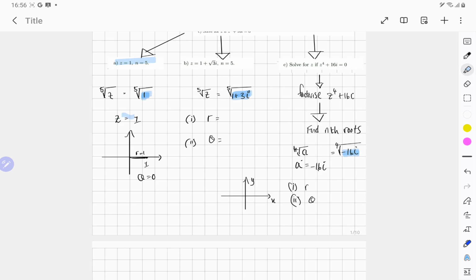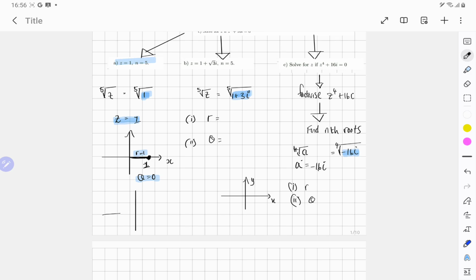So here we will sketch z equals 1, but we know z equals 1 is on the x-axis. So if 1 is there, it must mean that our radius is just 1 and our theta is 0.